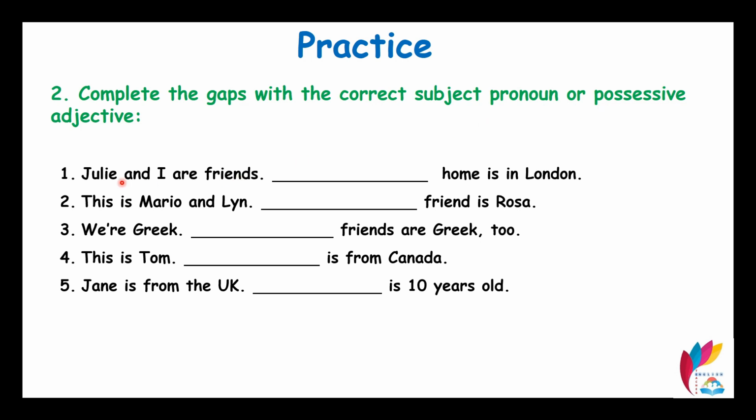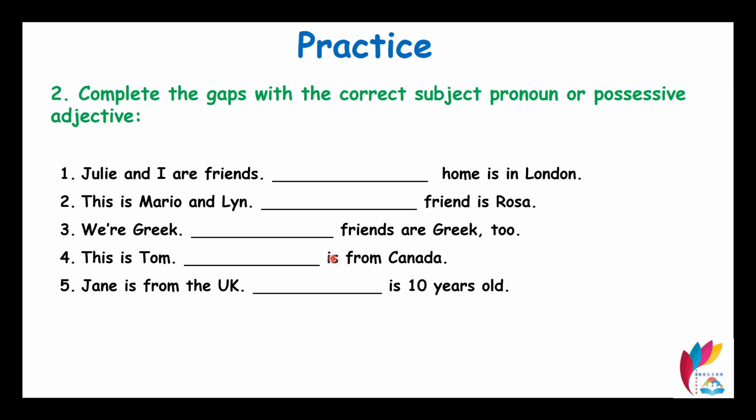Okay, Jolie and I are friends. Jolie's home is in London. So, okay, this is Mario and Lynn. Her friend is Rosa. We are Greek. They are Greek too. This is Tom.